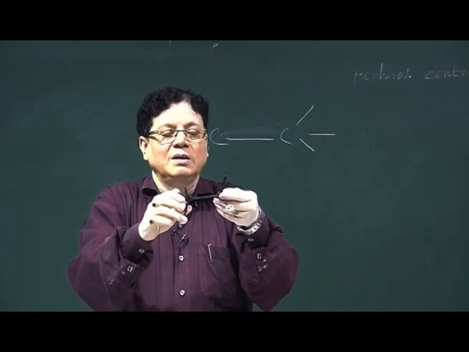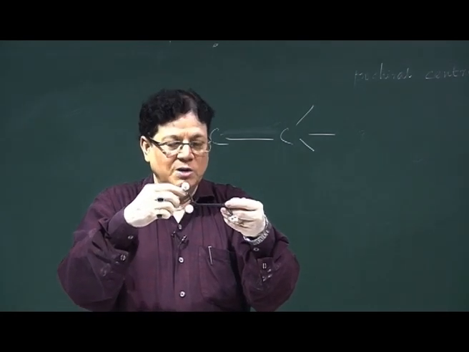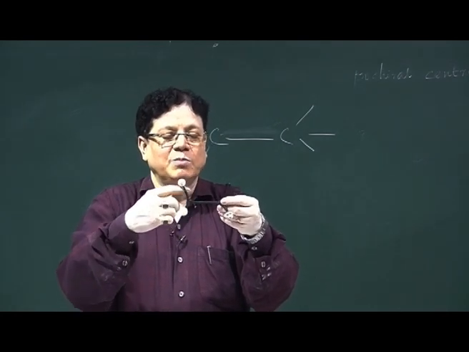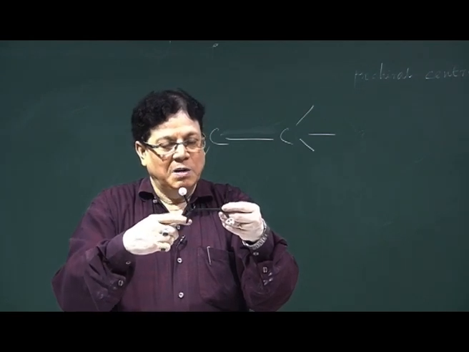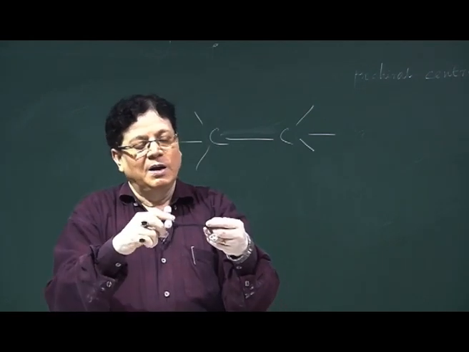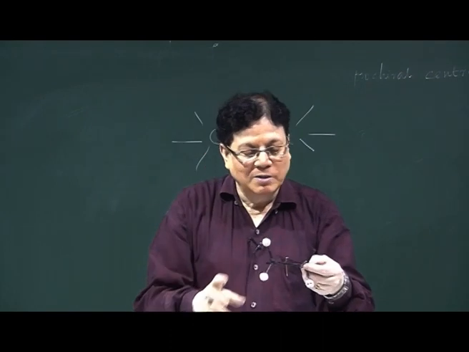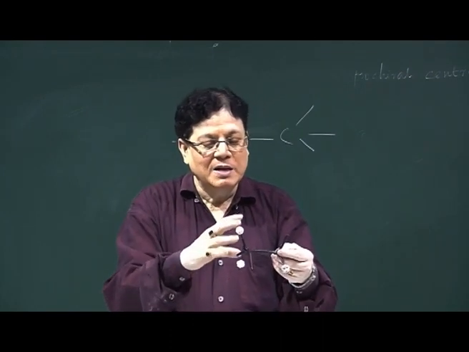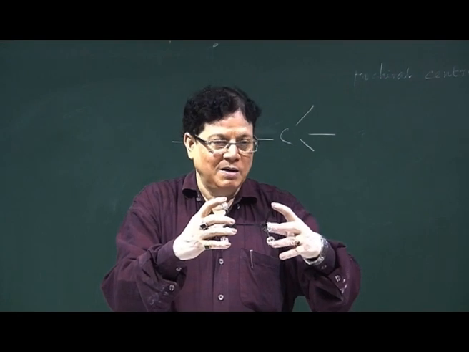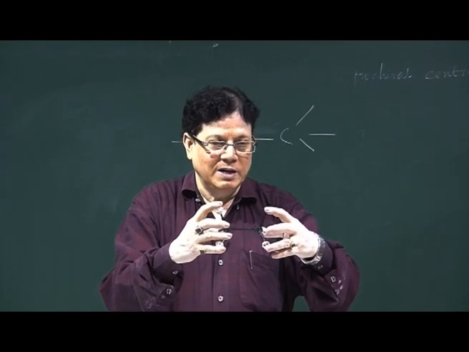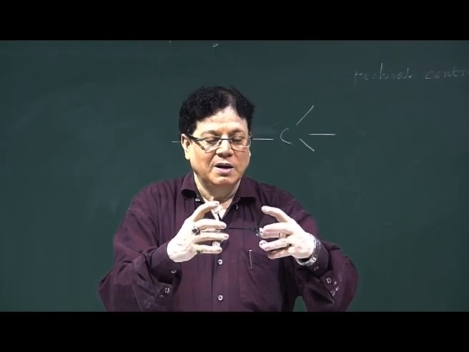There is no problem as such, you can rotate this carbon freely. But how free this rotation is will depend on the relationship between these ligands and those ligands. What is the geometrical relationship?